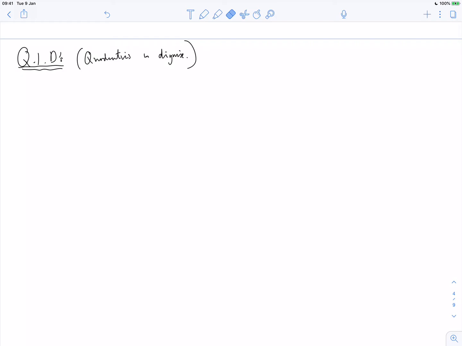So, quadratics in disguise. Right, Edexcel and other exam boards love to do this. They get so excited when they manage to write a question and there's a quadratic in disguise in there, and they feel so great for tripping up some students. What do I mean by a quadratic in disguise?